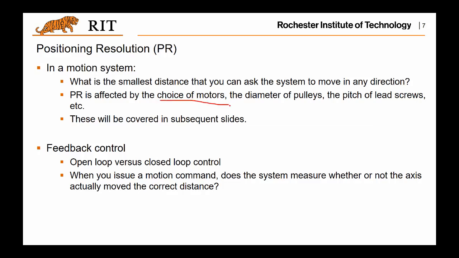Basically, how you select the motor, there are different motors, and the pulleys, right? The pulleys you choose have different parameters, diameters, I mean. So that is usually for the X, Y direction.